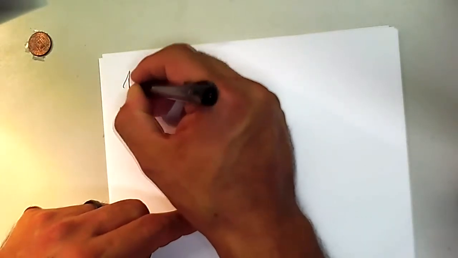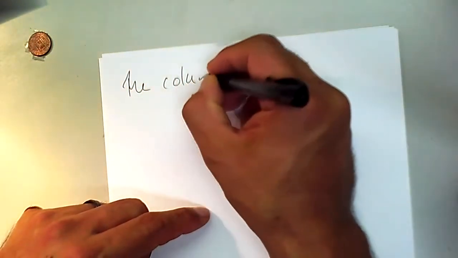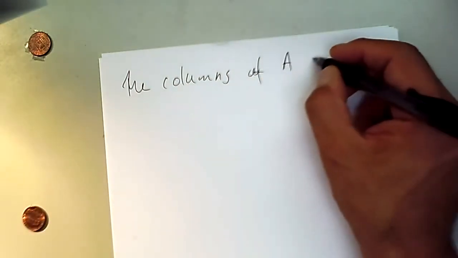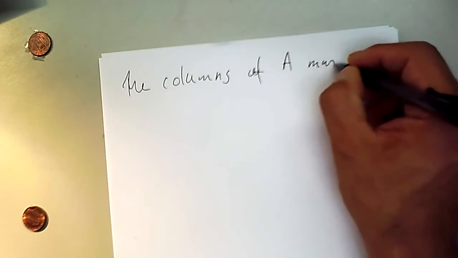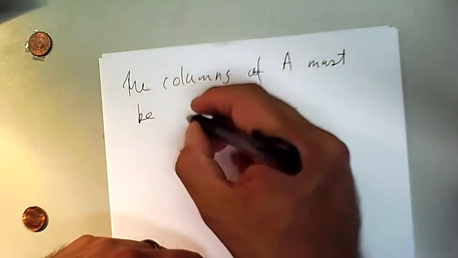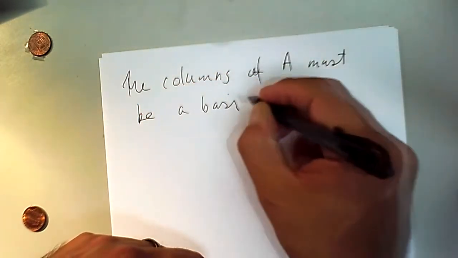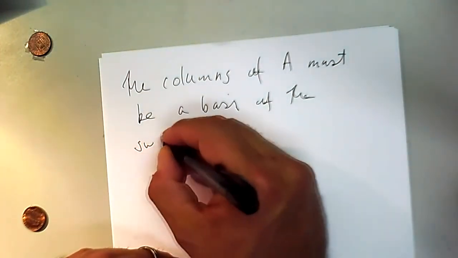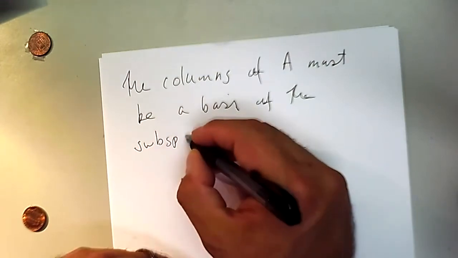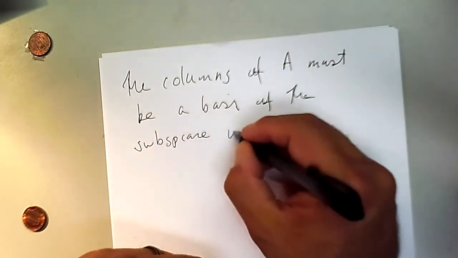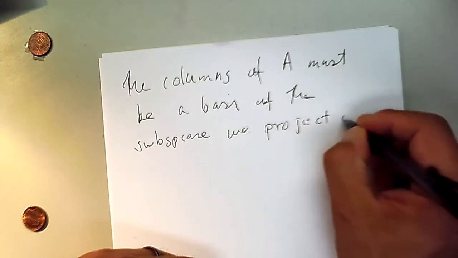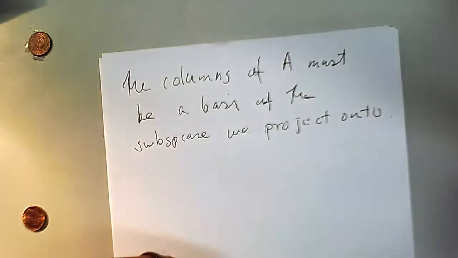So the columns of A must be a basis of the subspace we project onto. Okay.